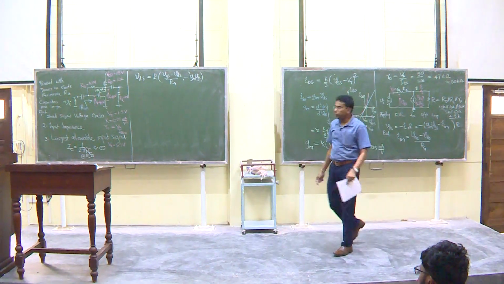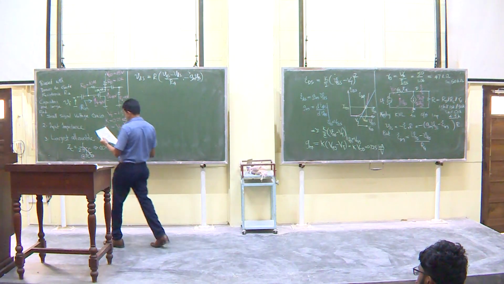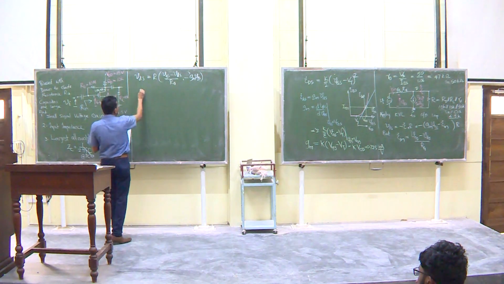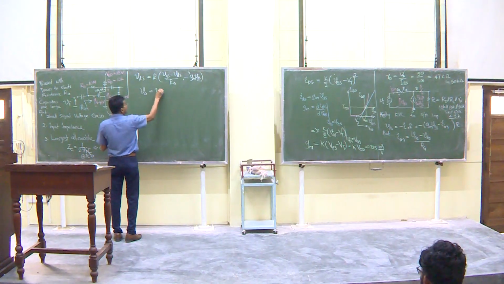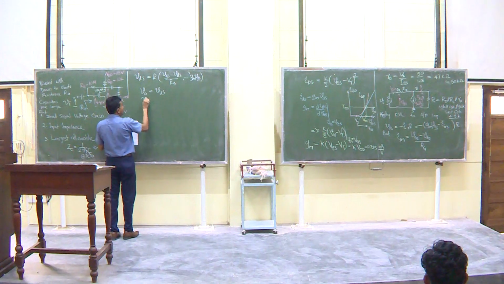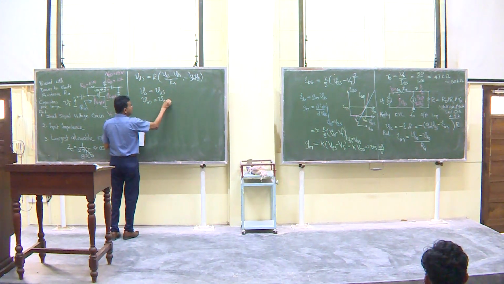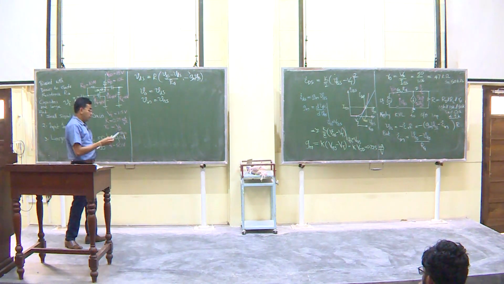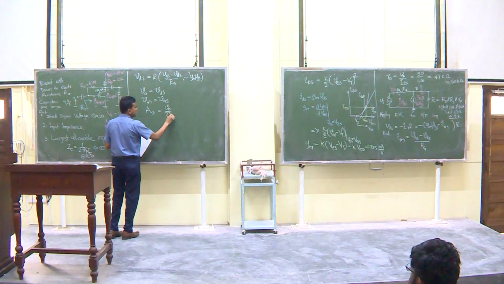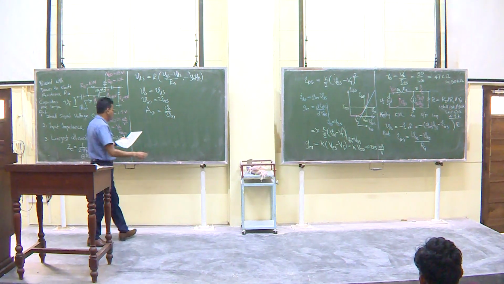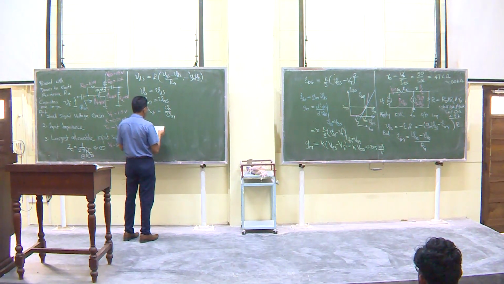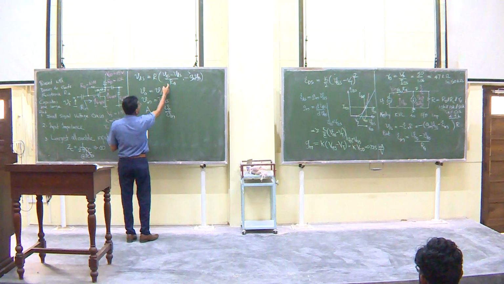So that's what I have over there. But we know V out is equal to VDS and V in is equal to VGS. But what is AV? So therefore, this should be that term divided by VGS.